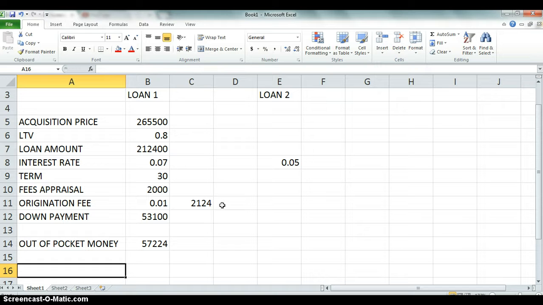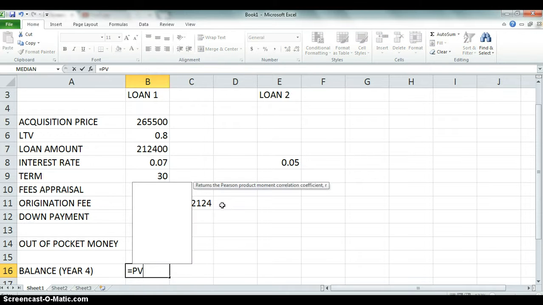To be able to find that out, we're going to use the formula for the present value. So we're going to do balance in the year 4. So after paying for 4 years, how much money do I have left to pay for this loan?